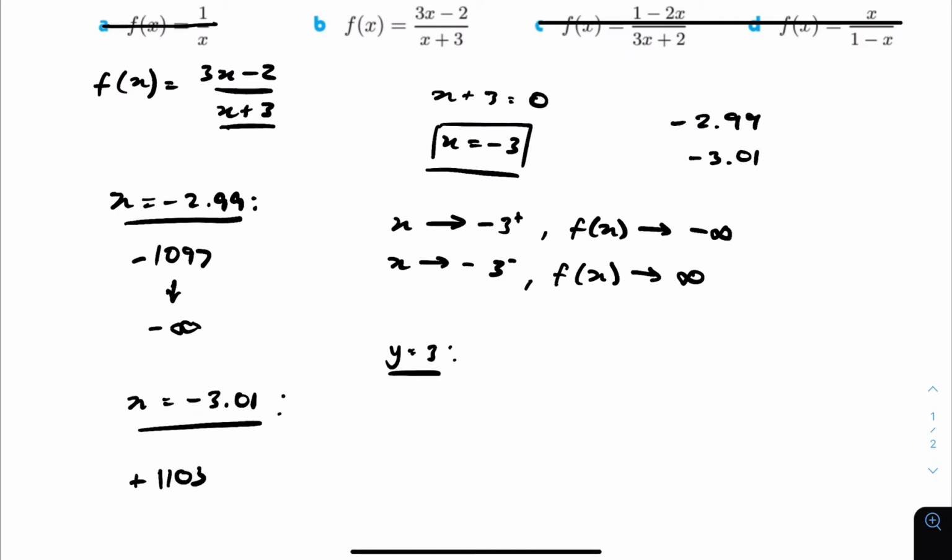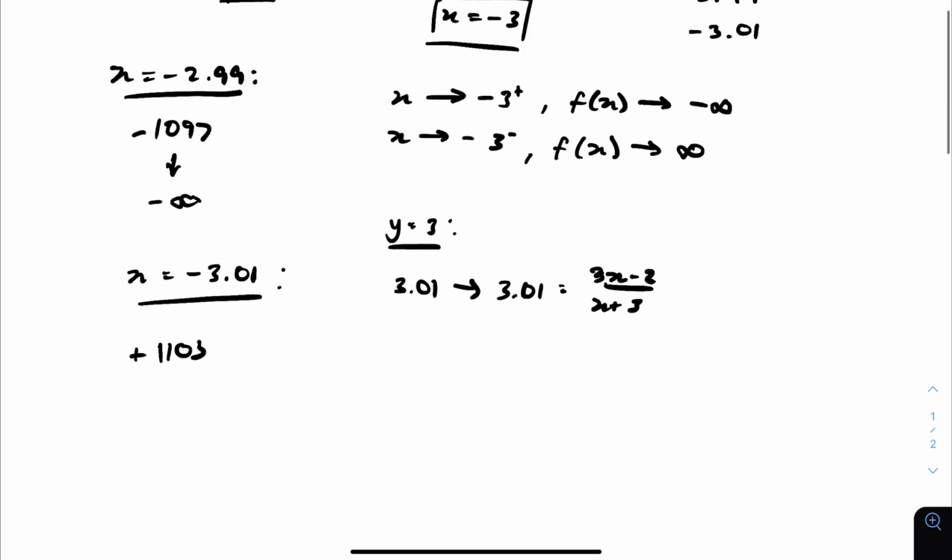So again, we have to look at the behavior on either side. We can pick 3.01 and 2.99. When we put 3.01 in as the y value, f of x is 3.01, so 3.01 is equal to 3x minus 2 over x plus 3. So 3.01x plus 9.03 is equal to 3x minus 2.